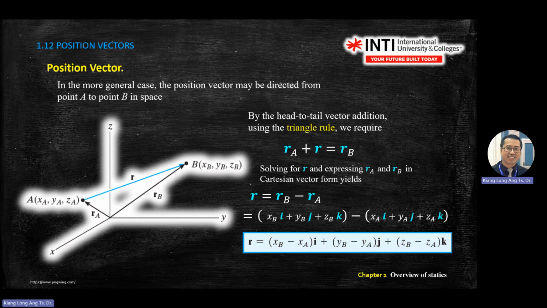So you put XB minus XA as i, YB minus YA as j, ZB minus ZA as k.